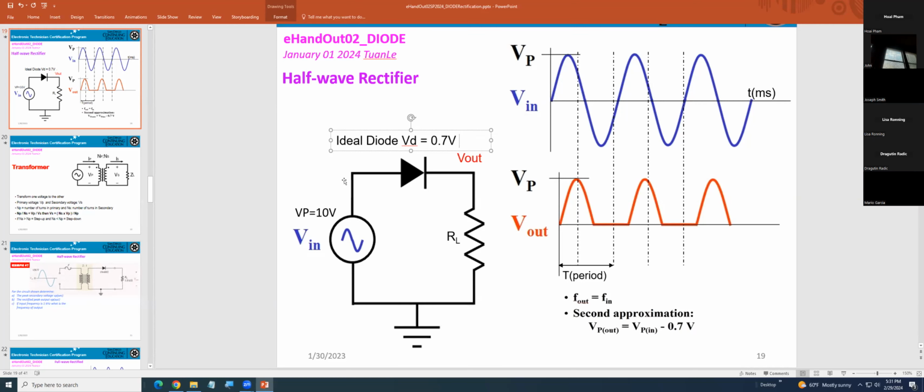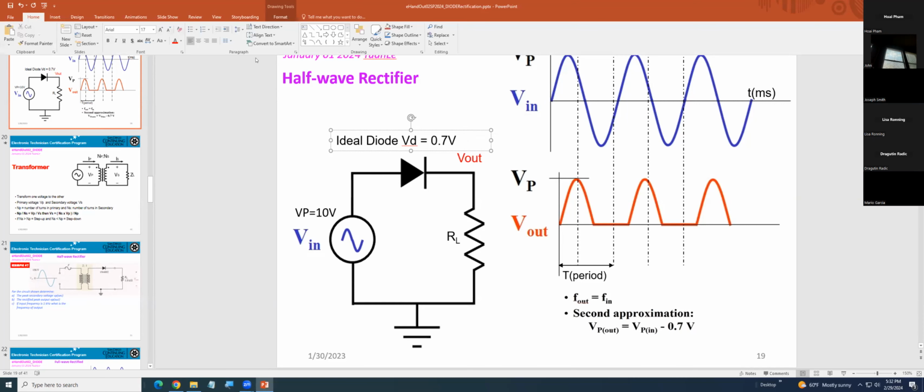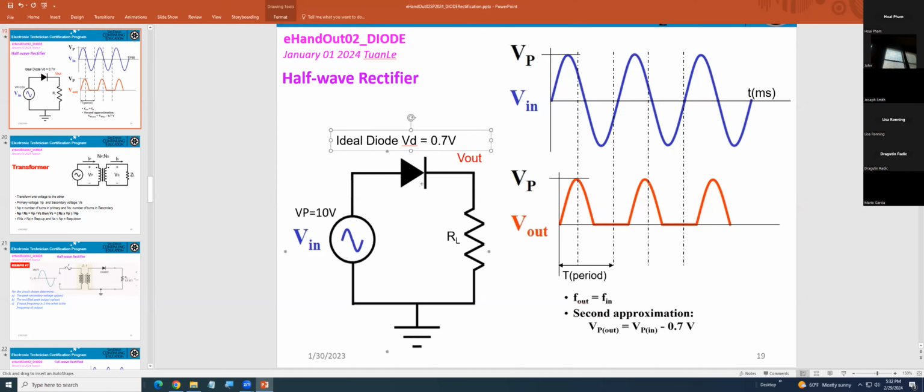And I already told you, when the diode is on, you have to substitute the diode by a battery.